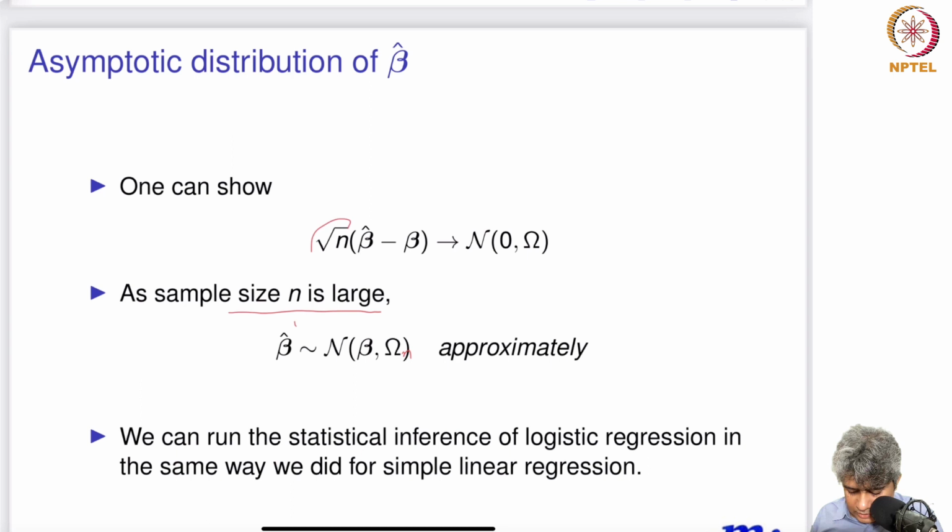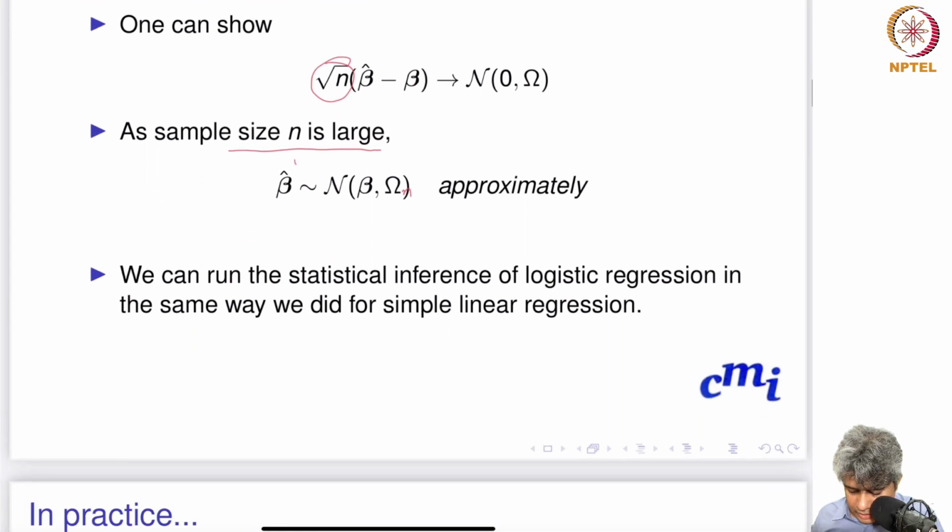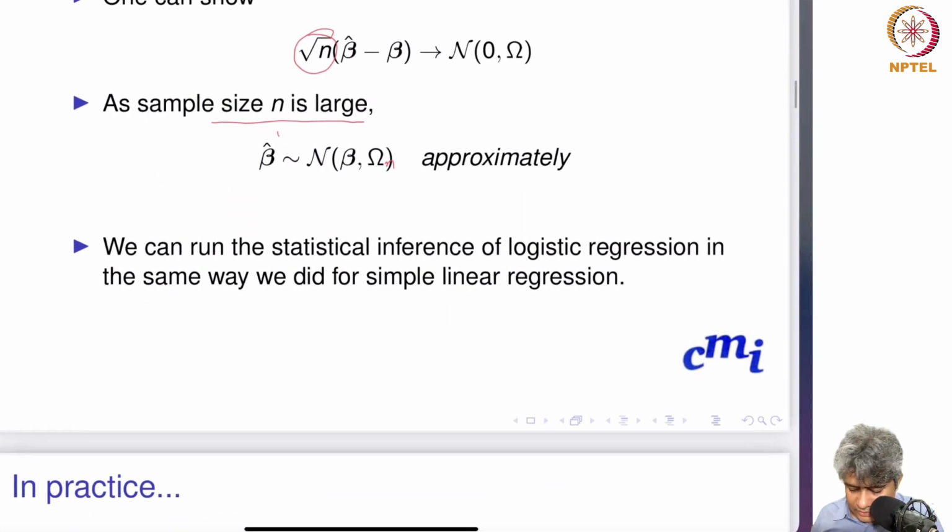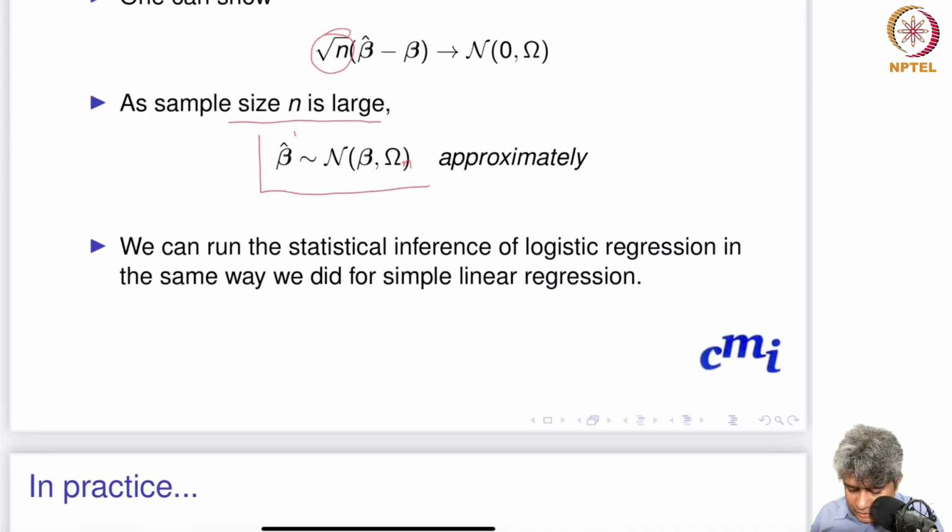The n comes from the scaling factor. Now we can run statistical inference. If we know the sampling distribution of beta hat, then we can run the statistical inference of logistic regression in the same way we did for simple linear regression.